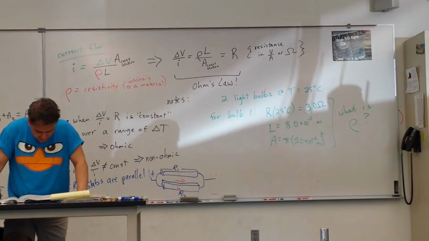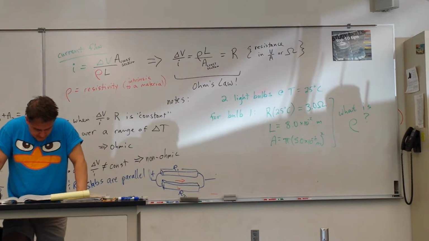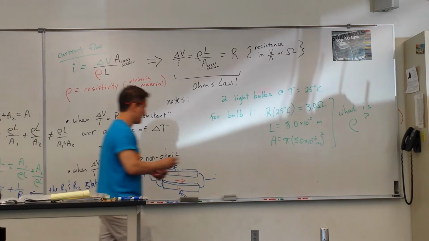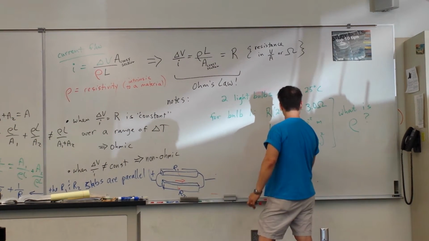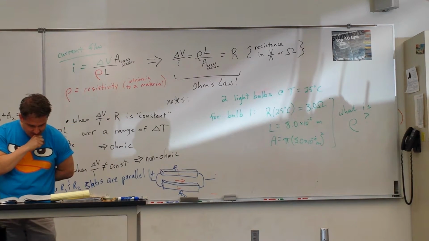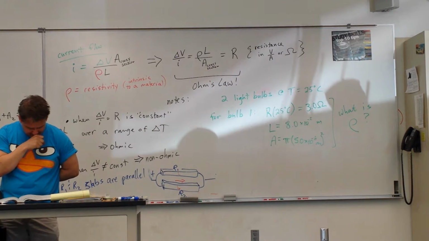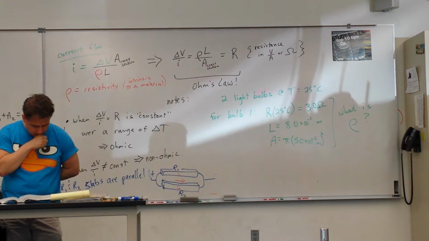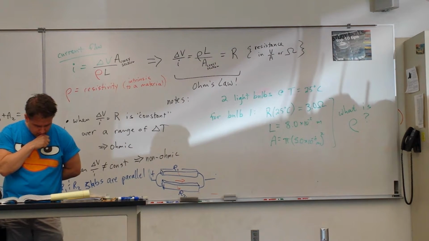Here we go. So what do we get for a resistivity? Ten to the negative 9? Let's see here.